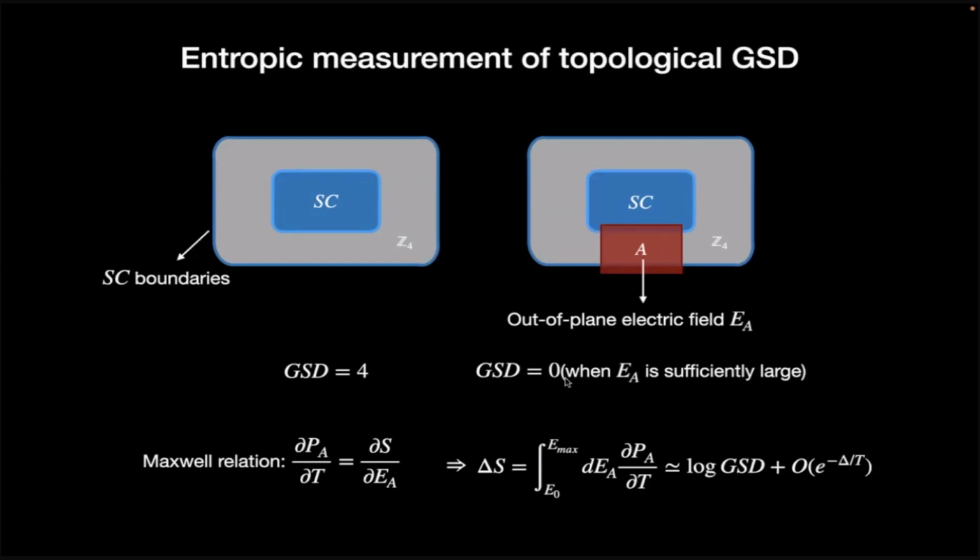So it will have zero ground state degeneracy. Through the Maxwell relation, we can turn the entropy into polarization, right? So if we can measure polarization, and people have measured polarization in these twisted TMD materials.